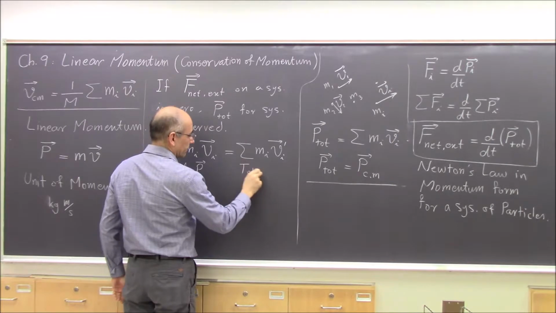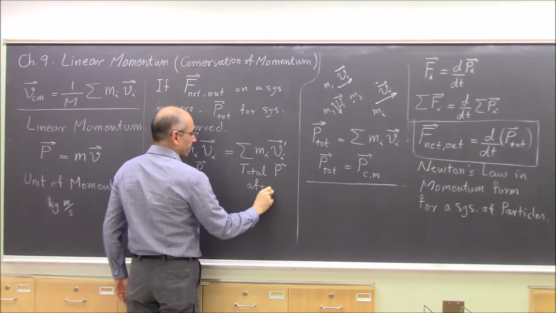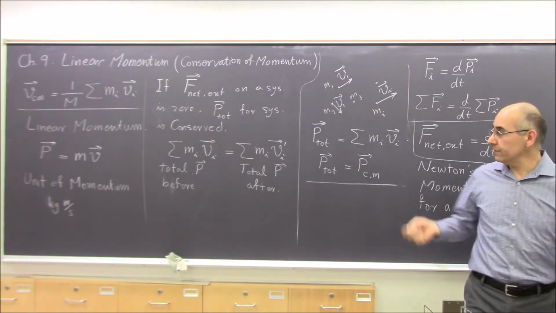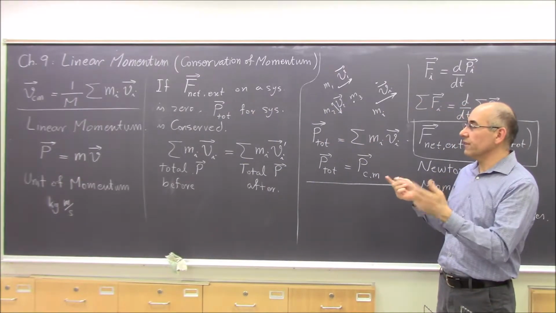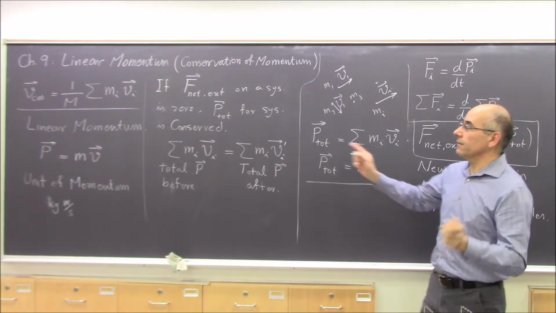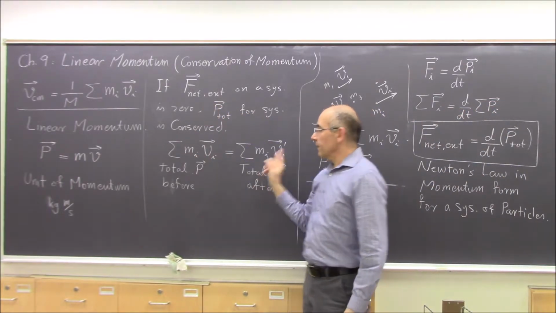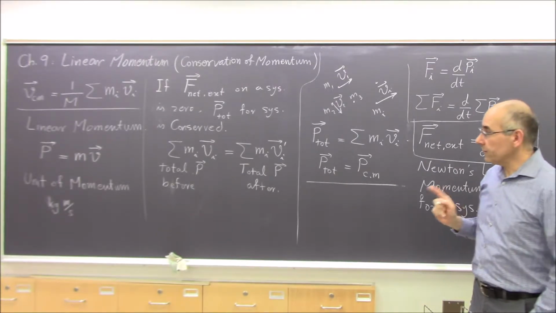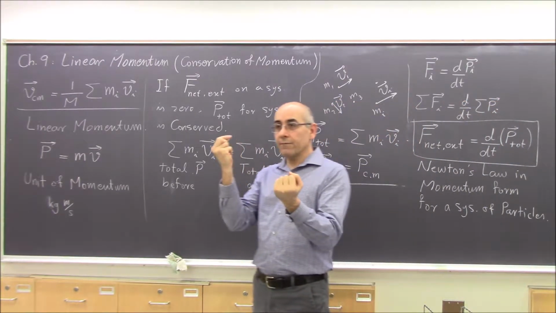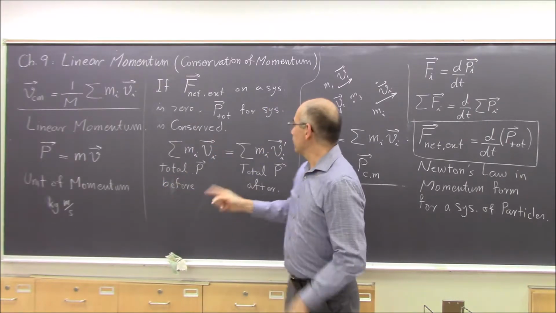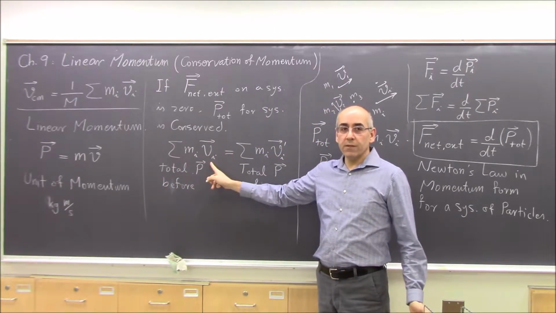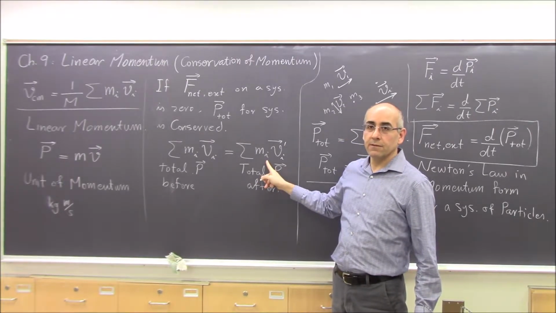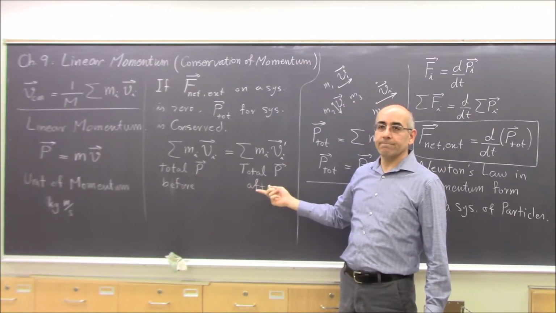This is total momentum after. After each time interval, collisions may happen, or they interact with each other. Whatever happens, as long as the F net external is 0, the total momentum of the system is conserved. Especially for two objects, when the two objects collide with each other, sum of the mass times velocities before collision is equal to sum of the mass and velocities after the collision. That's called conservation of momentum.